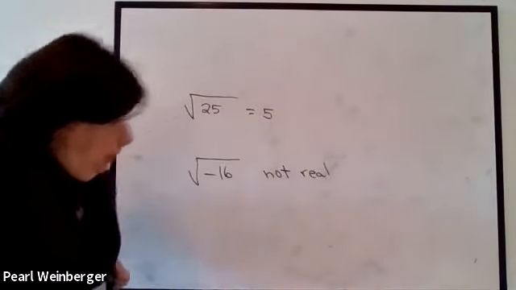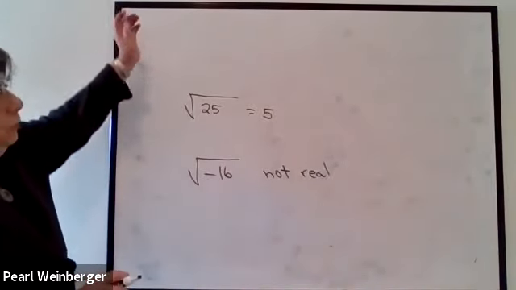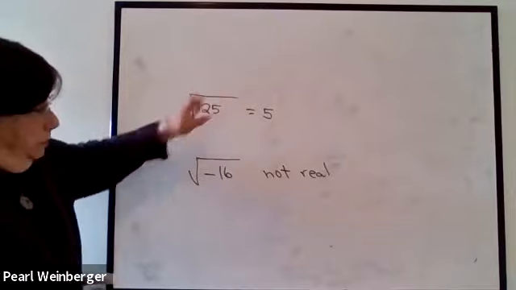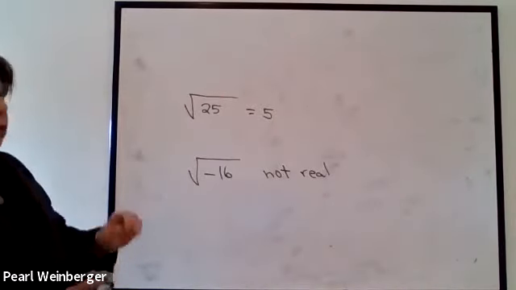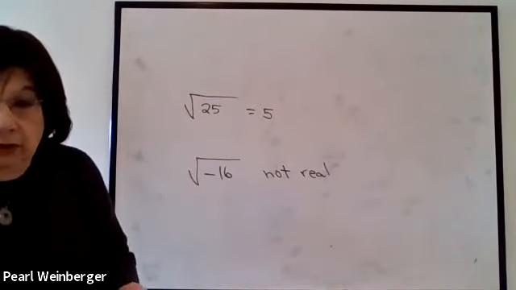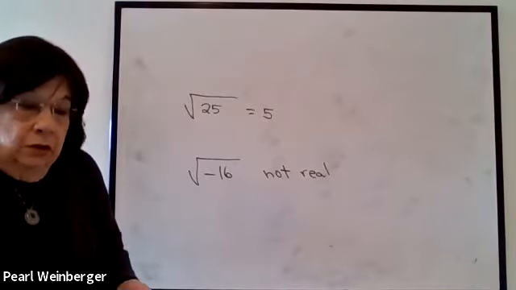So, one thing we've learned so far is the meaning of this radical sign. We're going to see an alternate way of writing this towards the end of the chapter.